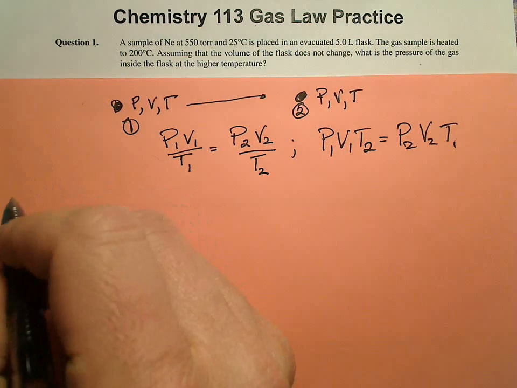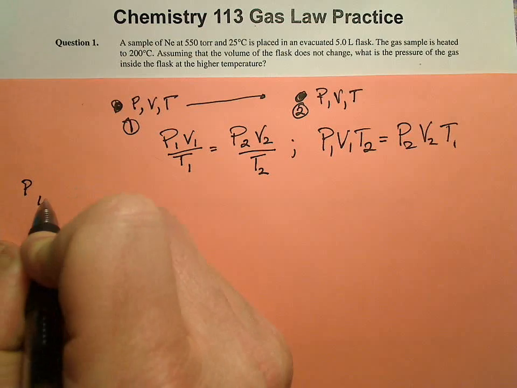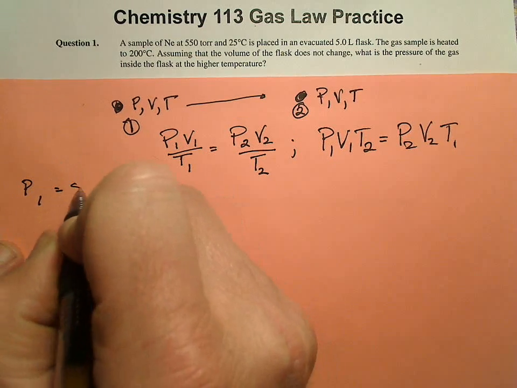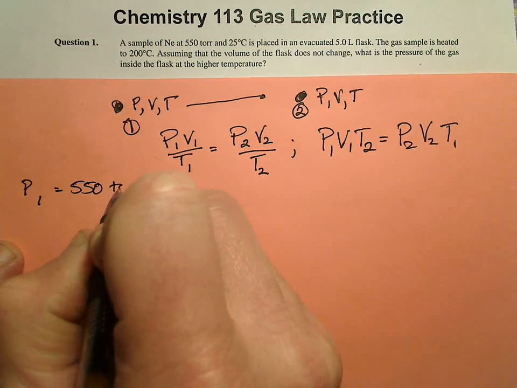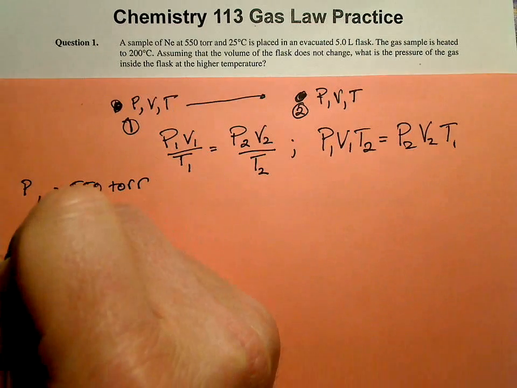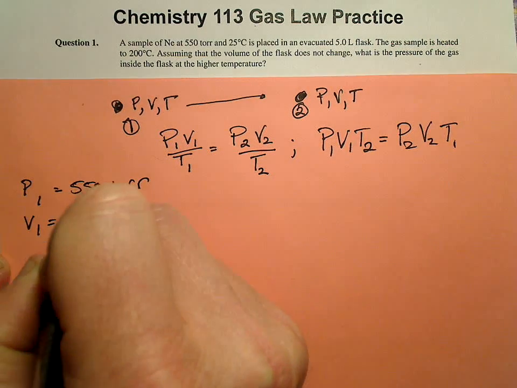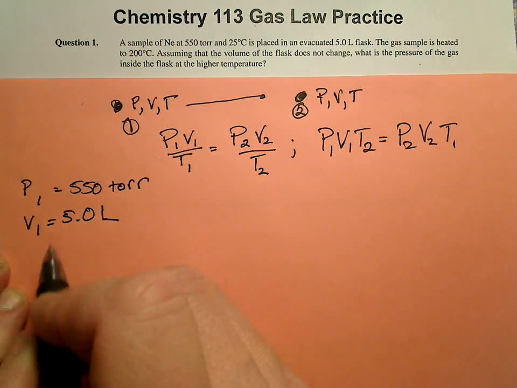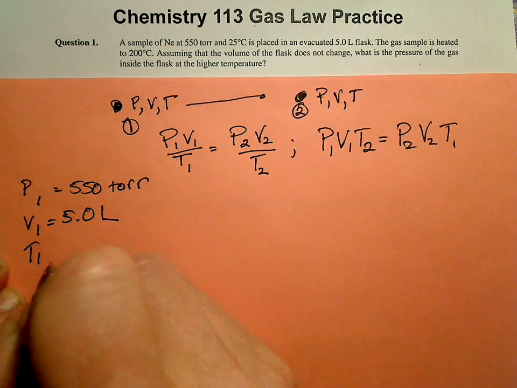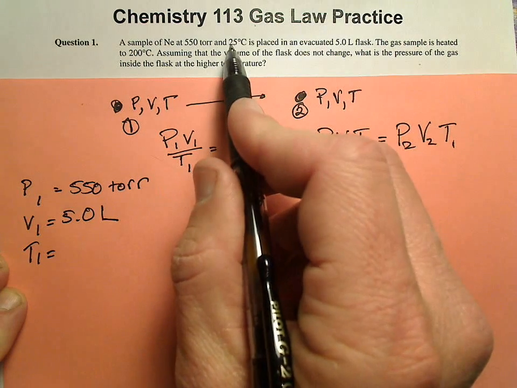So I'm going to call that condition 1. So P1 is equal to 550 torr. V1 is equal to 5 liters.